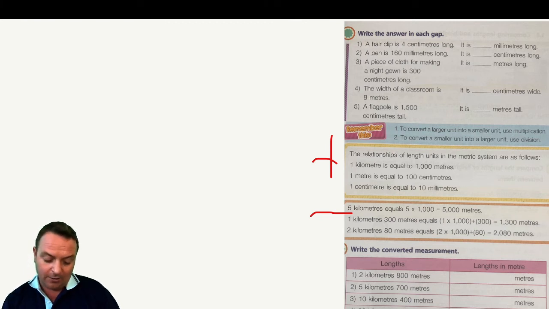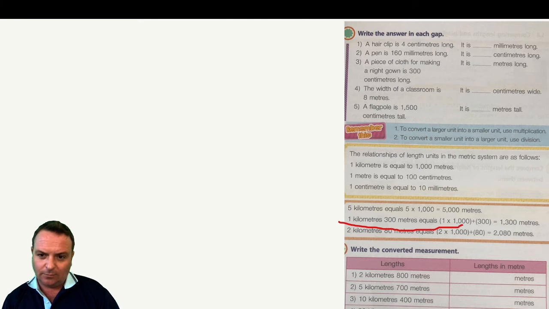Why? Because 1 kilometer is 1,000 meters, so 1 times 1,000 equals 1,000 plus the 300 meters, 1,300.